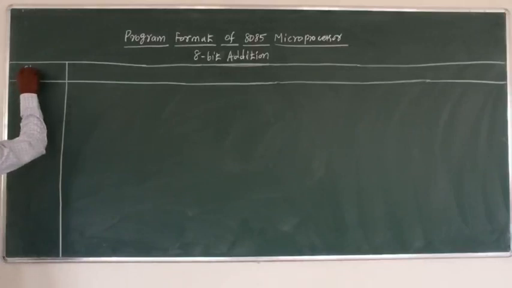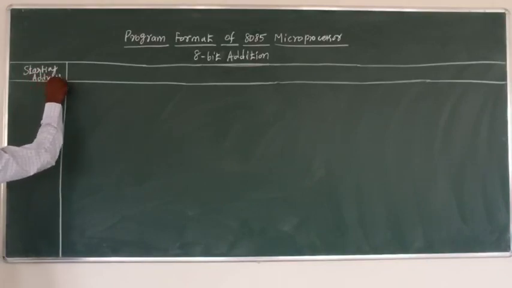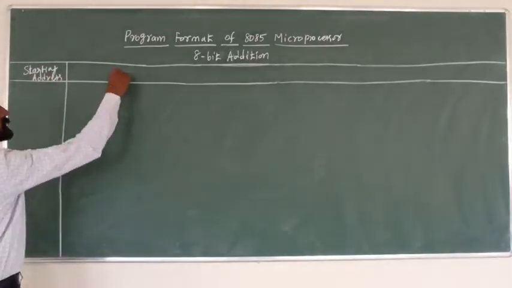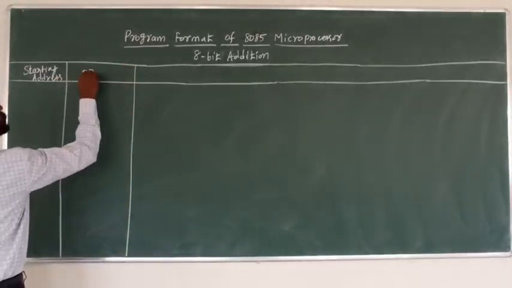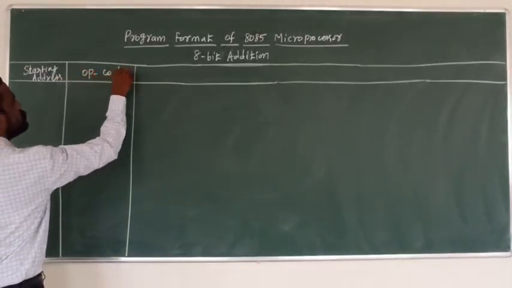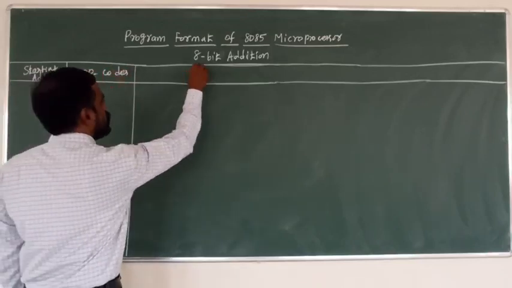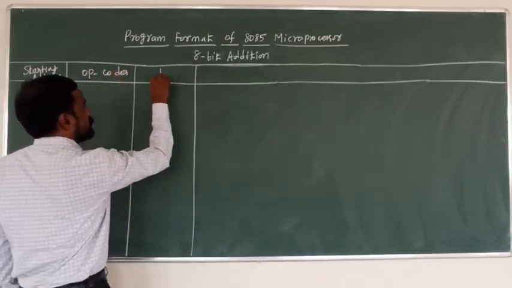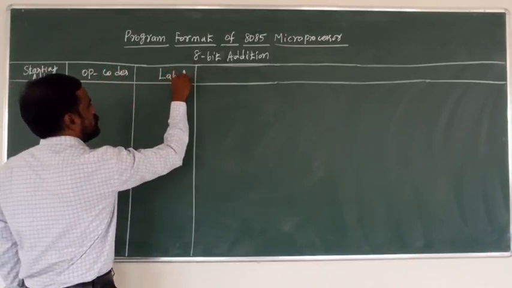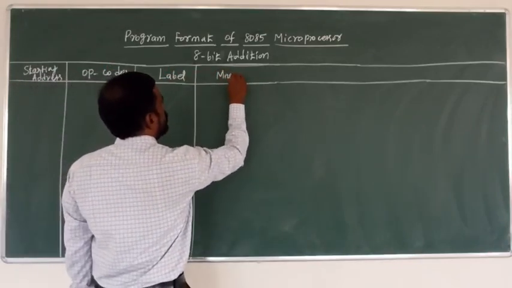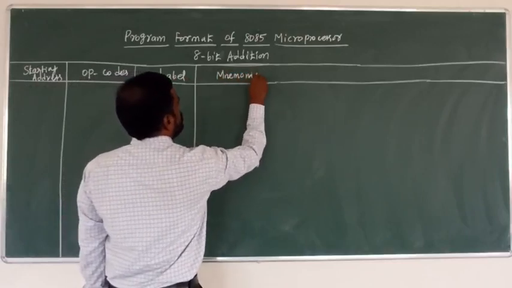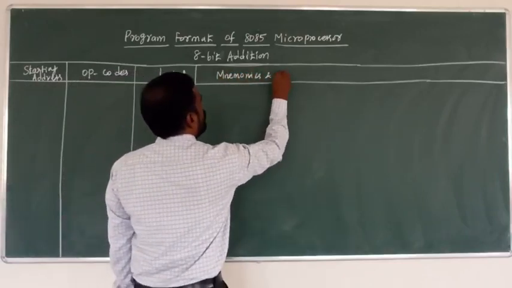First column, starting address. Second column, opcodes. Third column, label, and fourth column, mnemonics and operands.